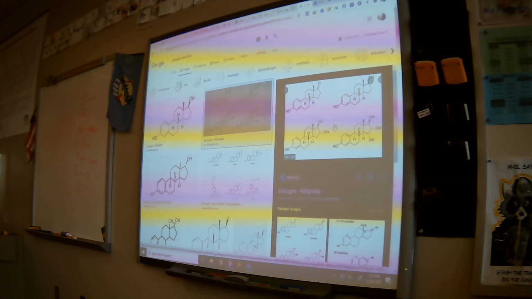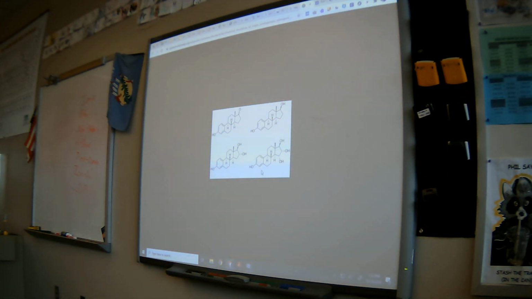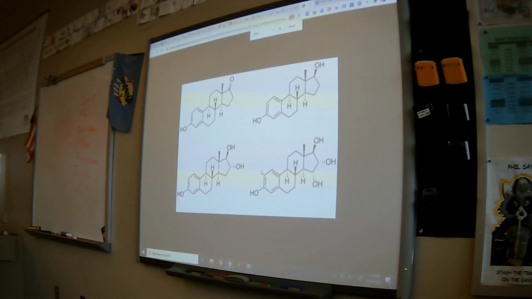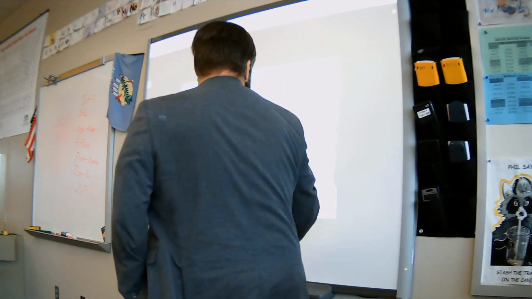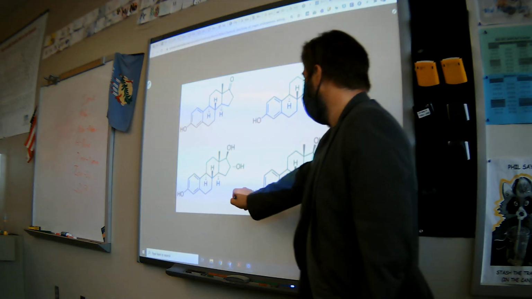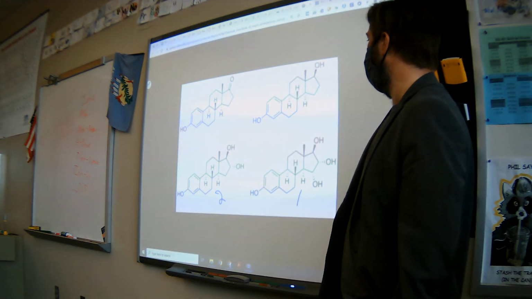So looking at this guy, rank these from most to least water soluble. Which is the most water soluble out of these? Bottom right. What's next? Bottom left. Then? Top right.